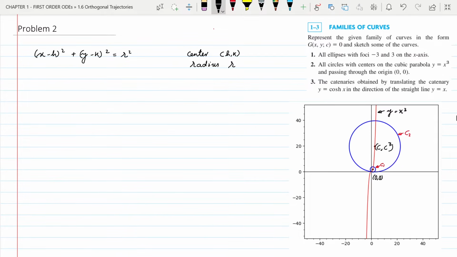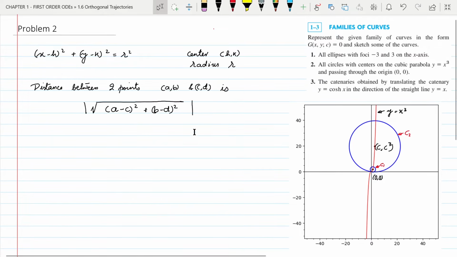In the two-dimensional plane, we know the distance between 2 points a comma b and c comma d can be calculated by the formula: the absolute value of the square root of the difference between the x coordinates a and c squared plus the difference between the y coordinates b and d squared. So this is the formula for the distance between 2 points a comma b and c comma d in the two-dimensional plane.